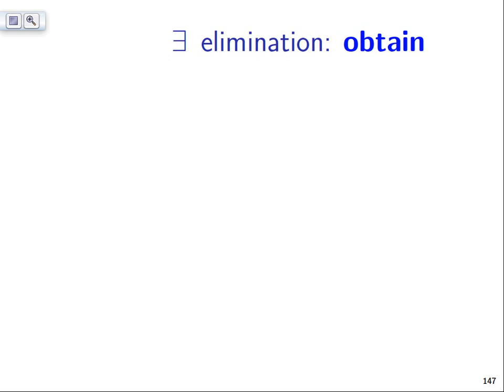And the reason is very simple. If you have, maybe you've just proved have for all x, p of x, and now you want to prove p of 5. That's so trivial that no proof pattern is necessary for it.